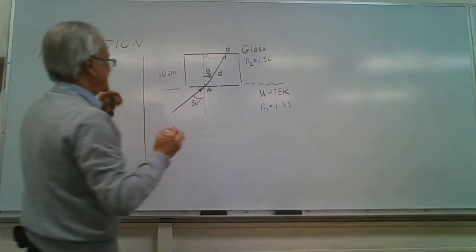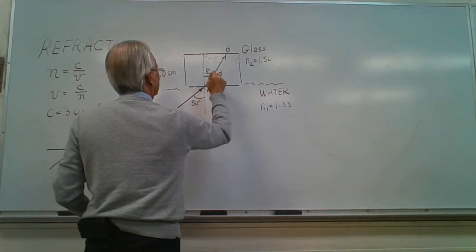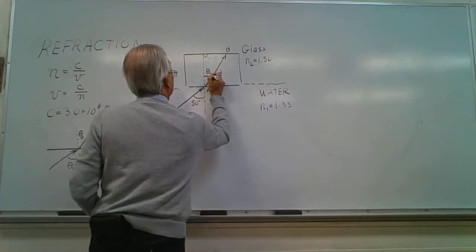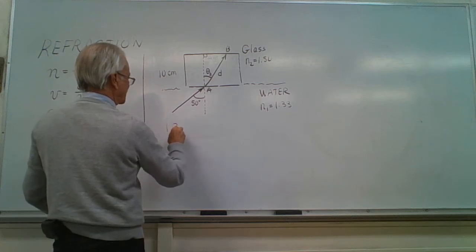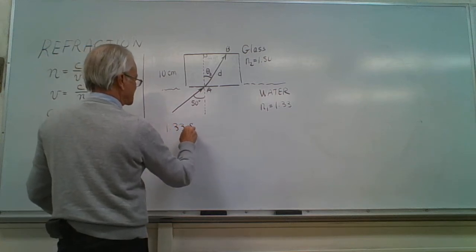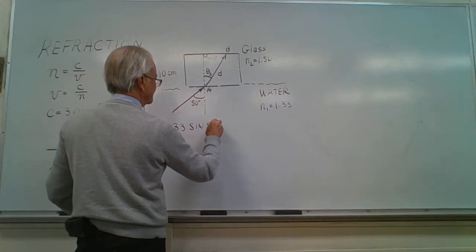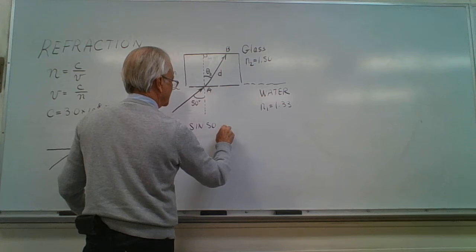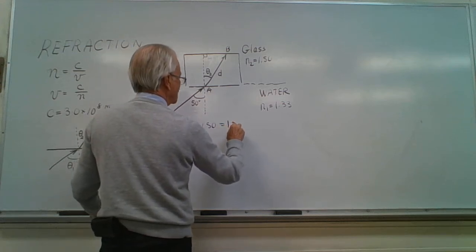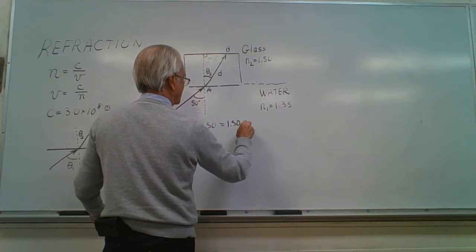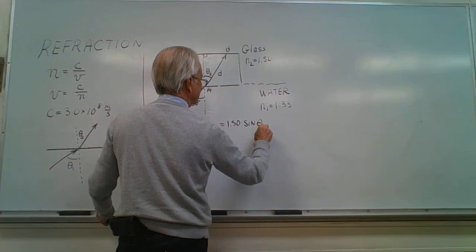Theta 2 can be found by using Snell's law. We have in water 1.33 times the sine of 50 degrees equaling 1.50 times the sine of the unknown angle, theta 2.